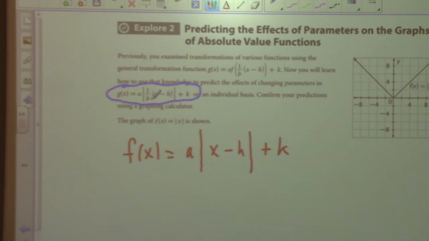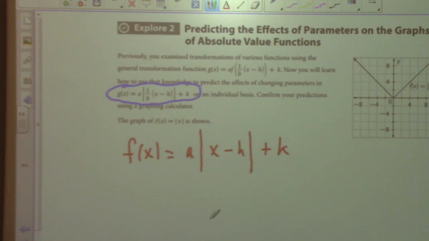Now, b is a divisor of a essentially. So you could write this out as 1 over b like this. But I just like to leave everything in terms of a, because this is directly a coefficient. It can just make our life easier that way.